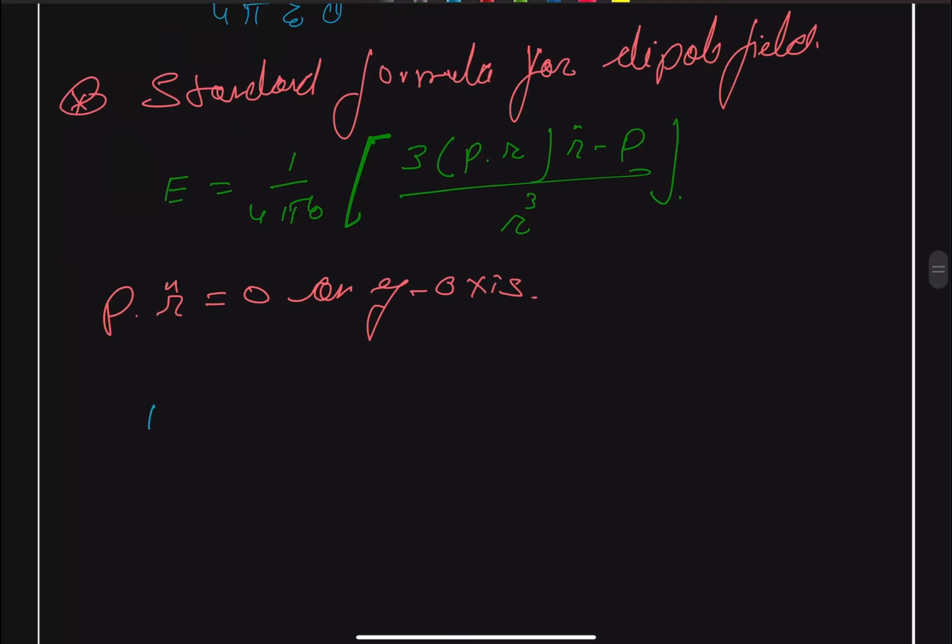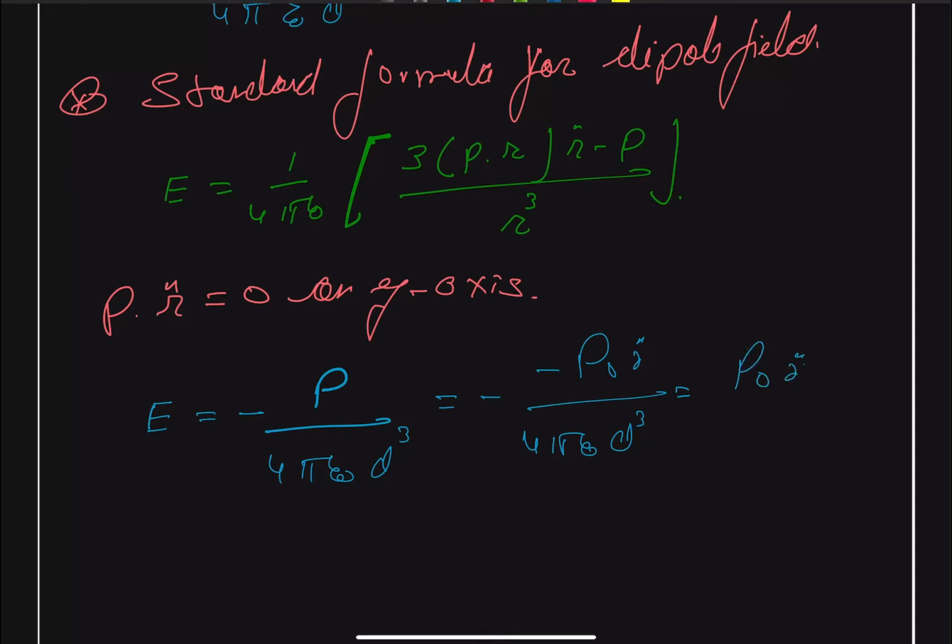Therefore, we can say that our electric field will be equal to minus of P divided by 4 pi epsilon naught D cube, where R is now equal to D. We are already given this comes minus of P naught x unit vector divided by 4 pi epsilon naught D cube, which comes as P naught x unit vector divided by 4 pi epsilon naught D cube.